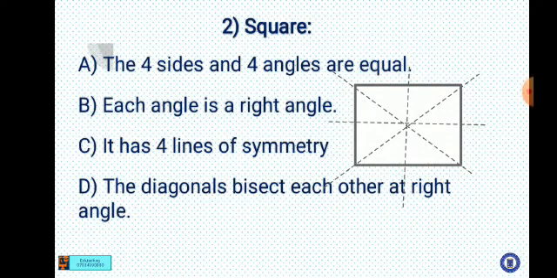You divide it vertically, you have two equal sides. Horizontally, you have two equal sides. The two diagonals, you equally have two equal sides. That is, a square has four lines of symmetry. The diagonals bisect each other at right angle.